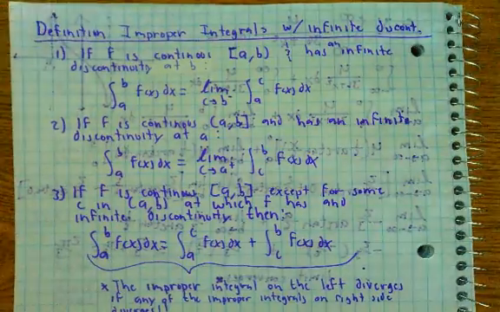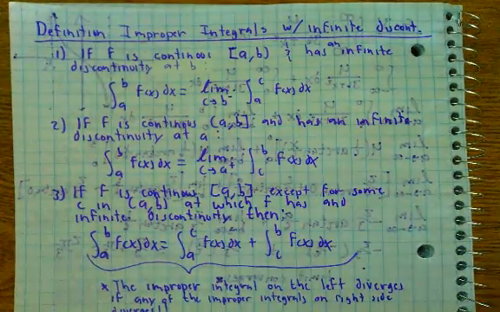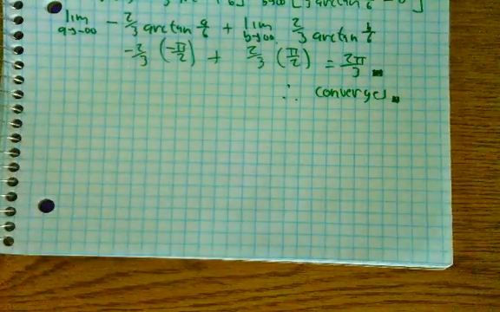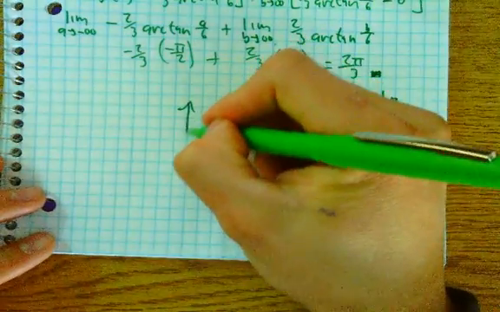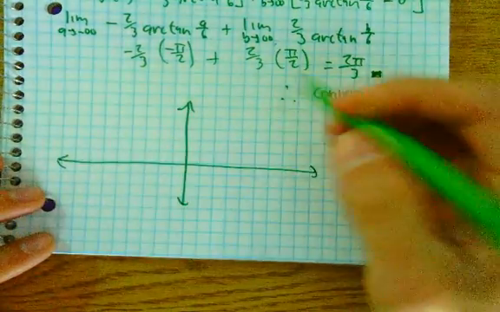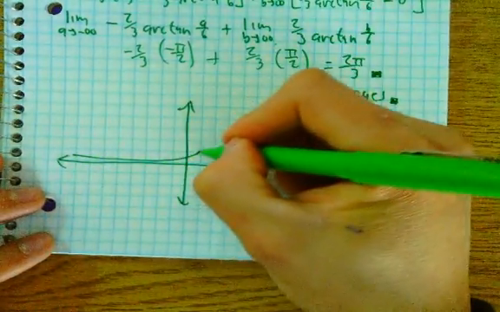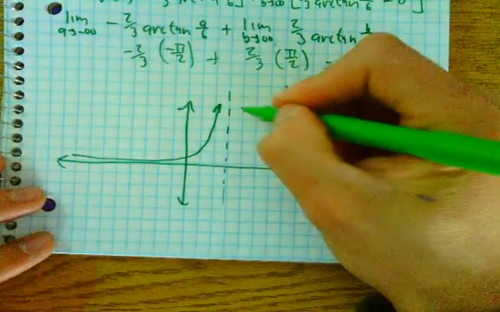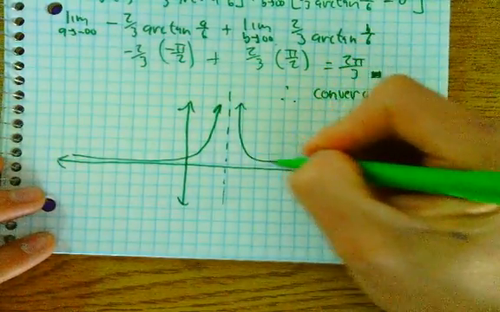This time we're going to talk about situations such as, let's pretend you have a graph that looks something like this. I'm just going to make this up. Let's pretend it's going up in that direction and there's an asymptote right there, and then there's an asymptote right there.